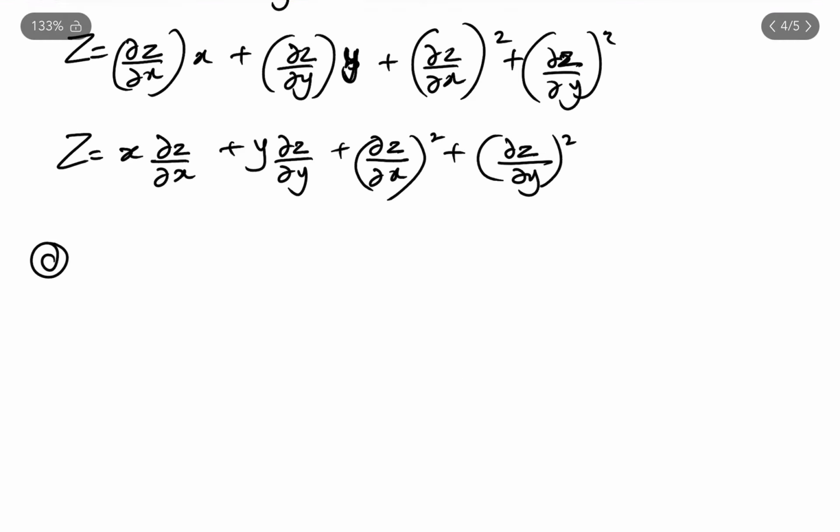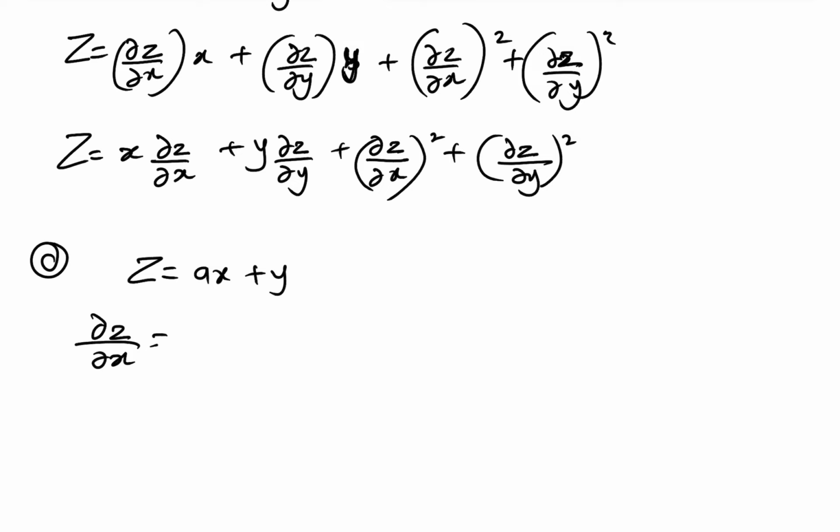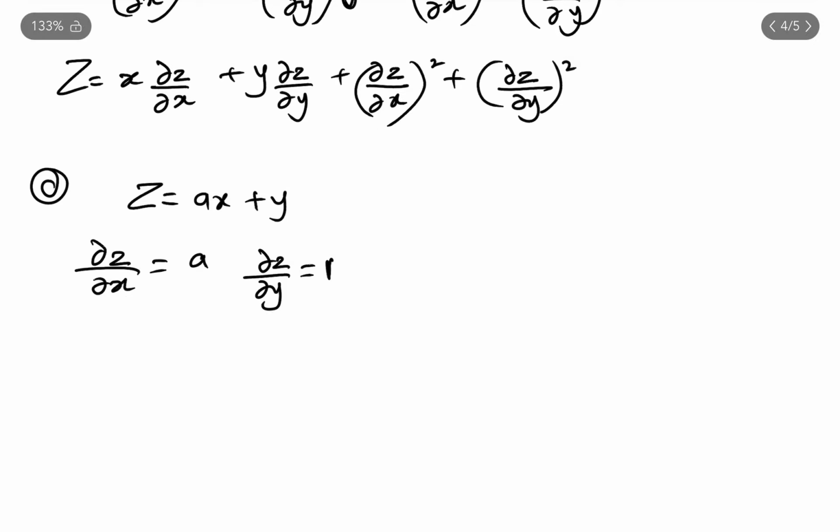Then the third question, let's take this one. We have z equals ax plus y. If we differentiate with respect to x, what we're going to get is a, and if we differentiate with respect to y, all we're going to get is 1. So we can substitute this in.